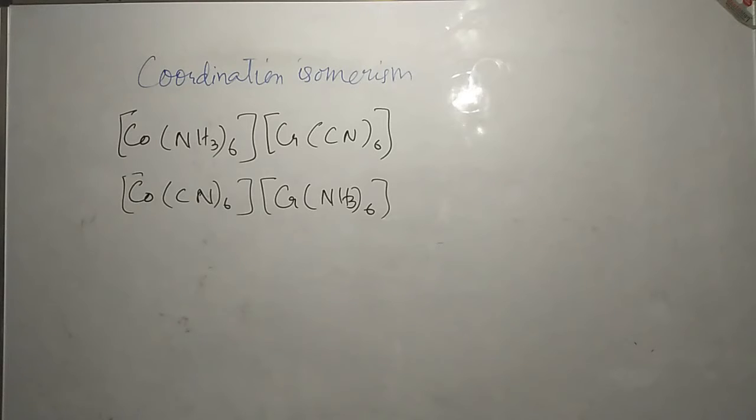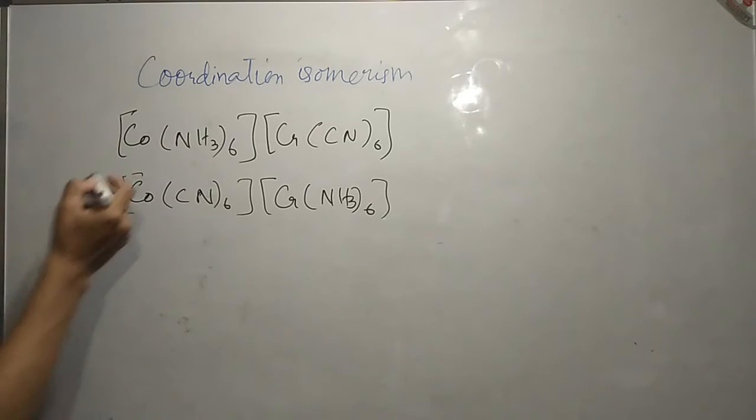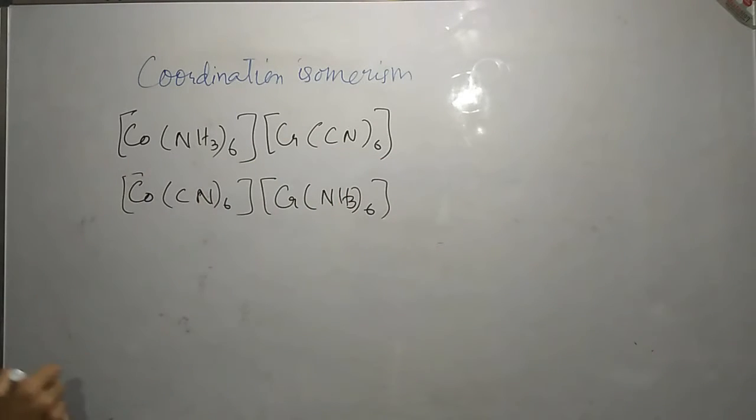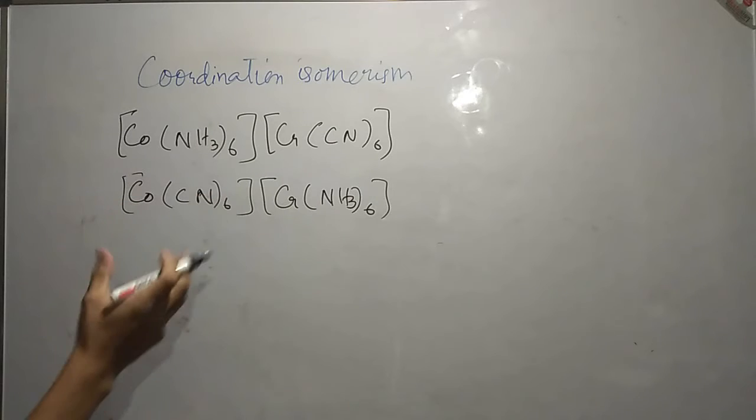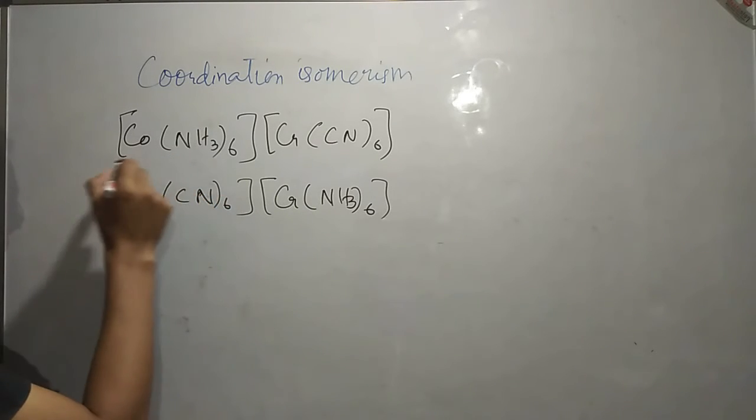The next one is coordination isomerism. This type of isomerism occurs in compounds which contain both cationic as well as anionic entities, and the isomers differ in the distribution of the ligands. Here you see a cationic entity and an anionic entity, and there is a difference in the distribution of the ligands.